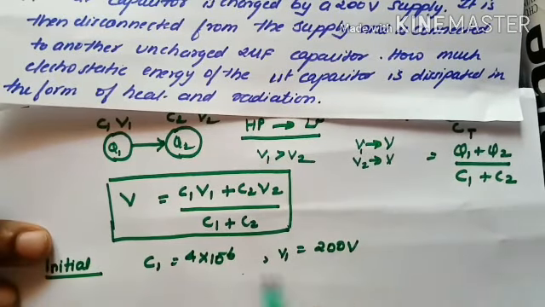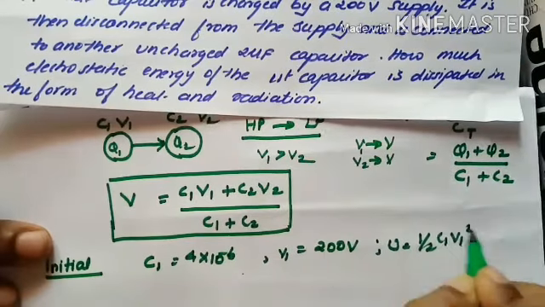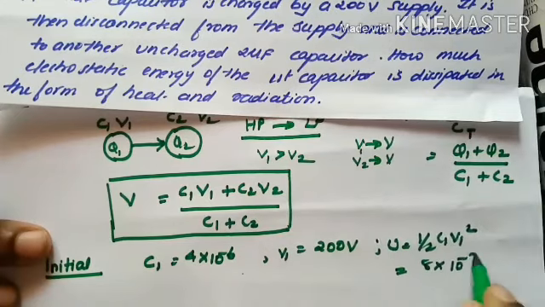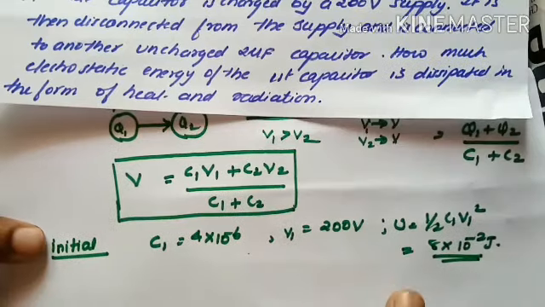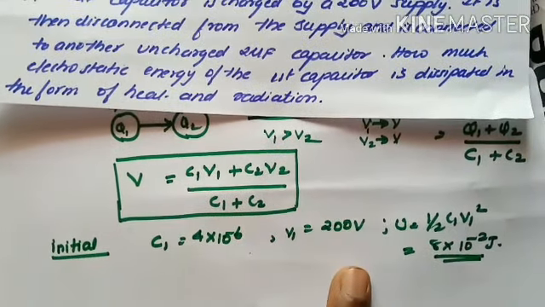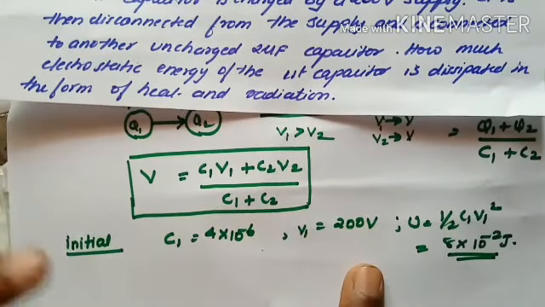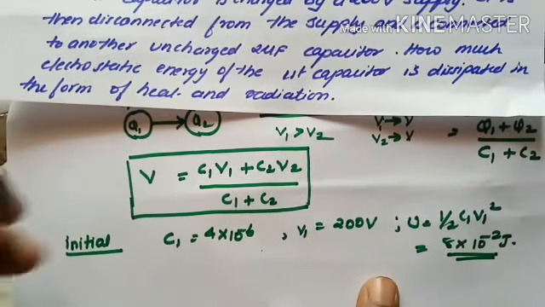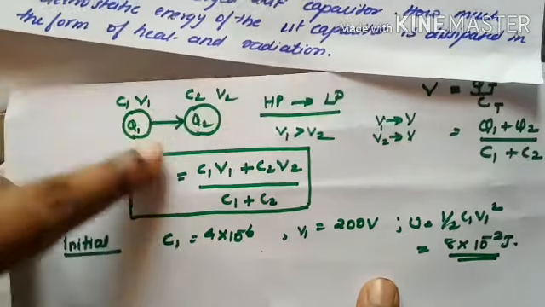So the energy U is equal to half C1 V1 square. Substitute the values and you will get 8 into 10 to the power minus 2 joules. You can substitute and verify by yourself. Once this capacitor is charged, this much energy it will be storing. Now this capacitor is removed from the supply and then connected with C2.